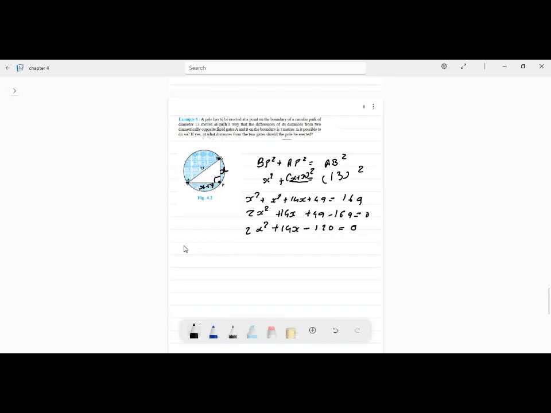Now comparing with the equation ax square plus bx plus c is equal to 0, a is equal to 2, b is equal to 14 and c is equal to minus 120.